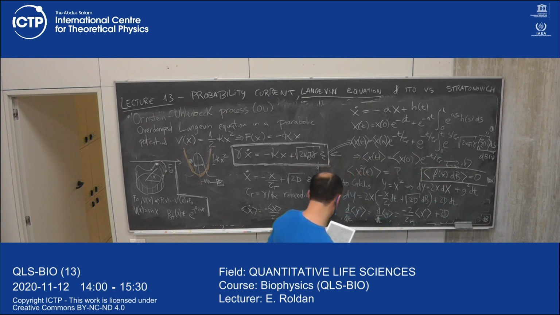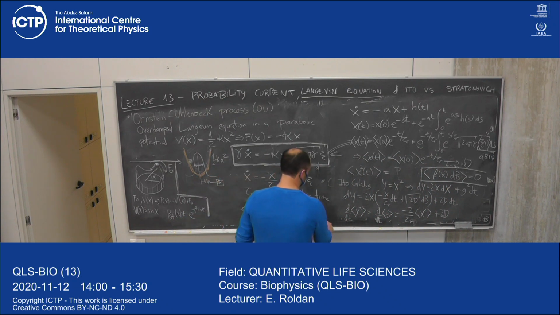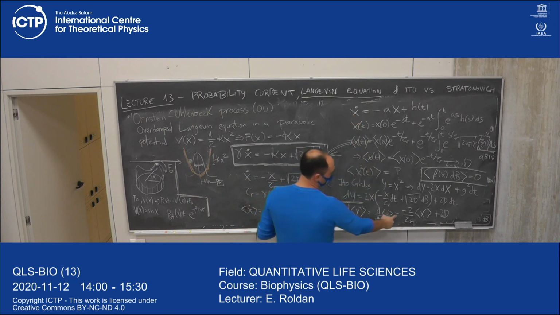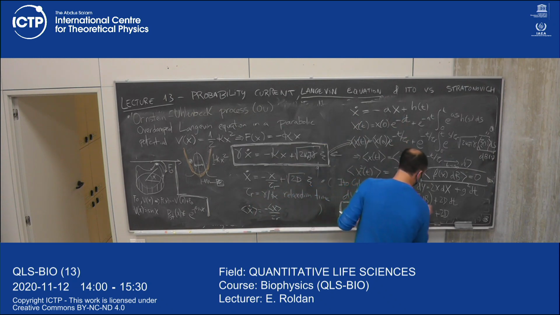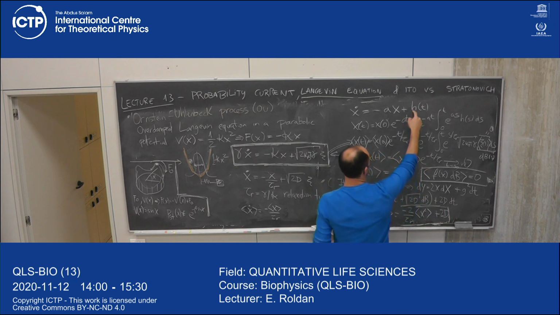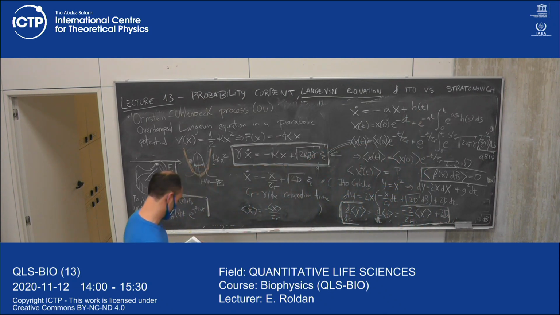And this is a very simple equation, because you can solve it. d/dt of something is minus a constant times the same thing, plus something else.